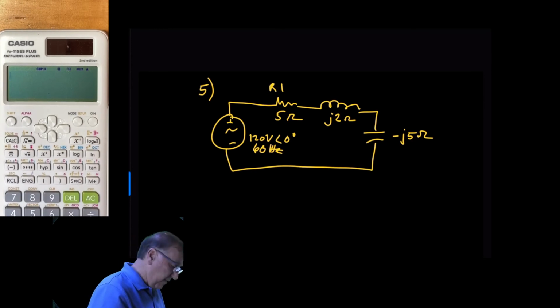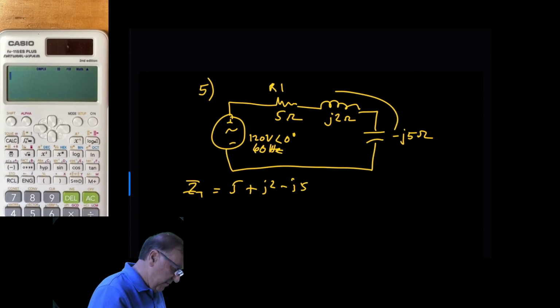So now we're at step 3, and we're going to calculate the total impedance of the circuit. And this is a series circuit, so we can just go around the circuit like so. So it's 5 ohms plus J2 minus J5.